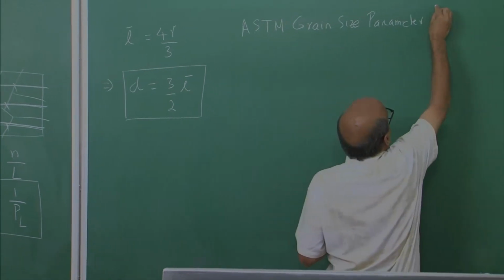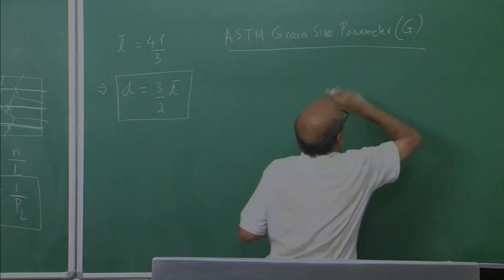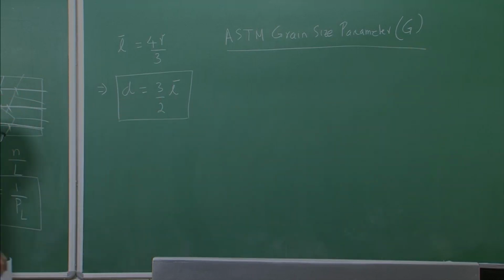And I will use the symbol G, capital G, for this. Now, what is this ASTM grain size parameter?